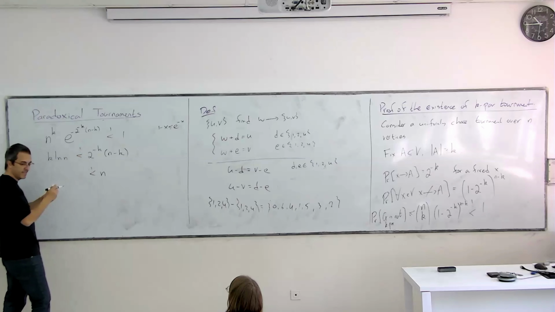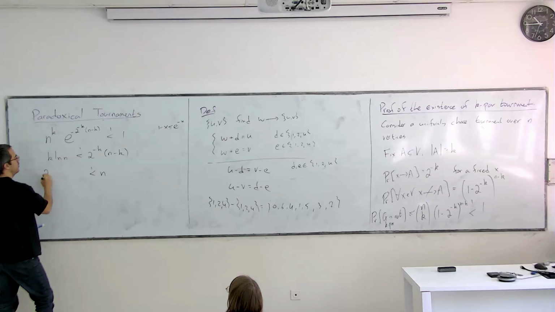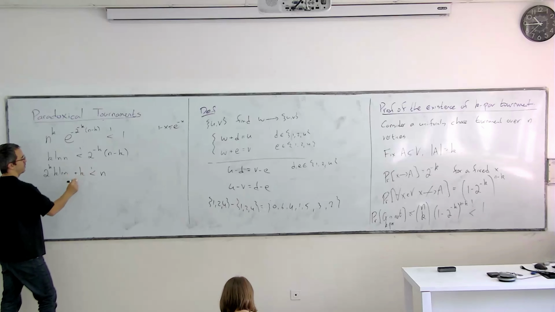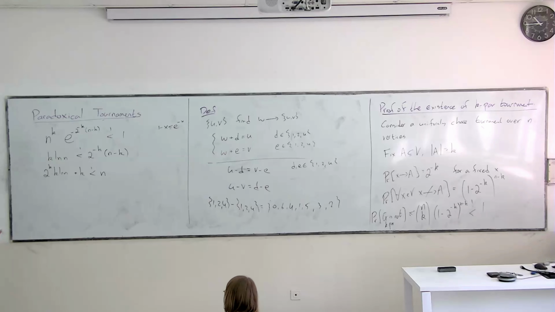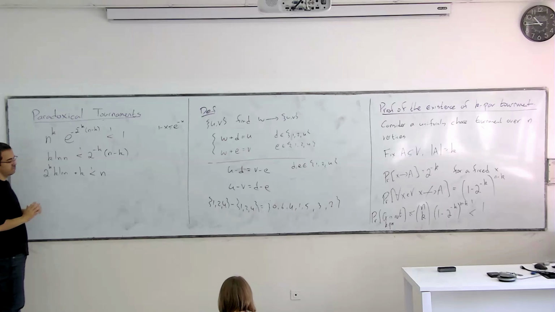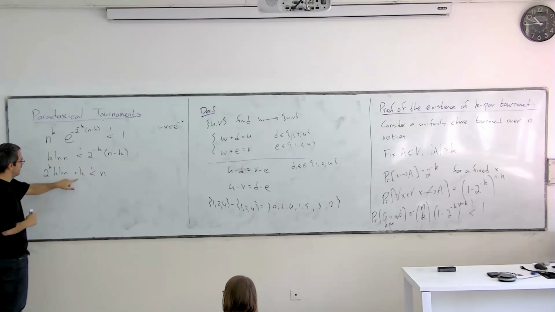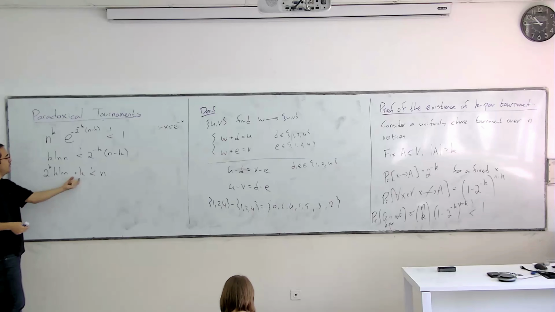Right? Demanding that is the same as demanding those. 2 to the k, times n plus k. If you multiply by 2 to the k, then the point here is that this k is nothing. Multiply by 2 to the k times n.